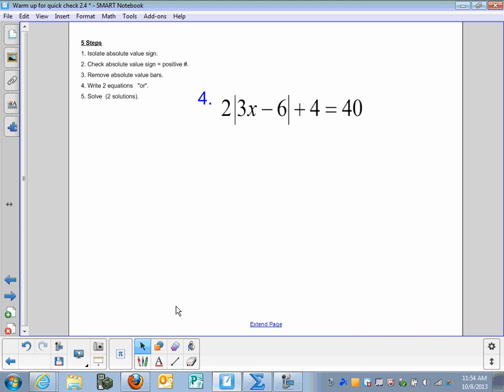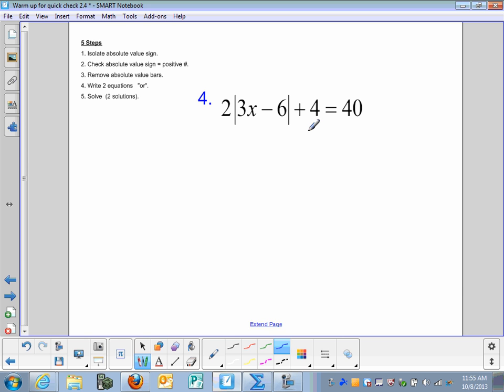Number 4, 2 times the absolute value of 3x minus 6, plus 4 equals 40. Step 1, isolate the absolute value sign. Well, in this instance, the absolute value sign is being multiplied by 2 and has 4 added to it.